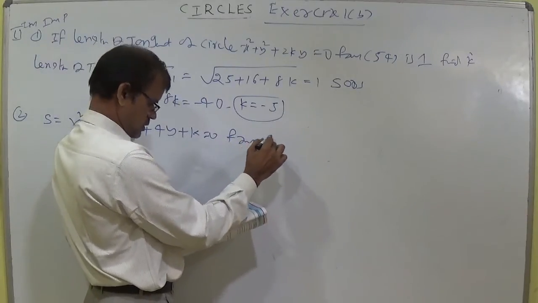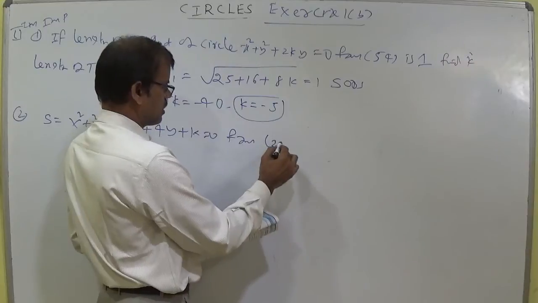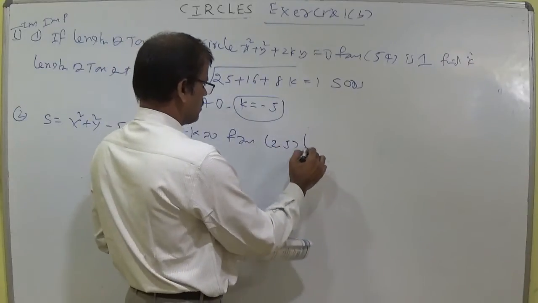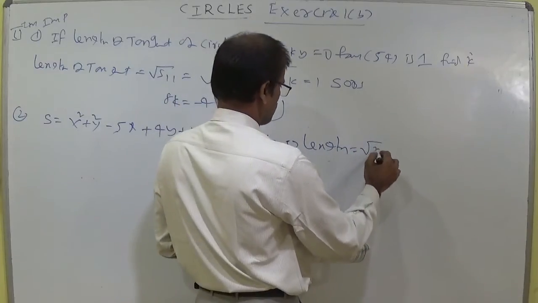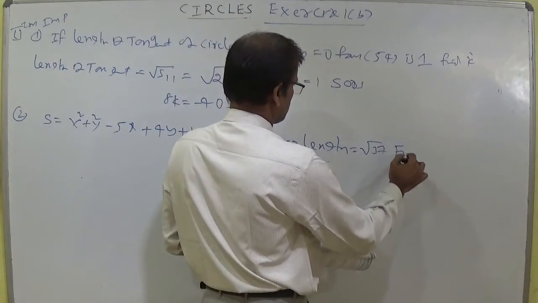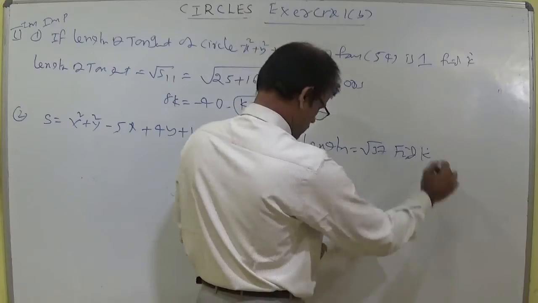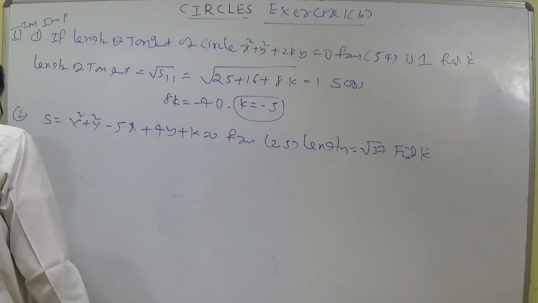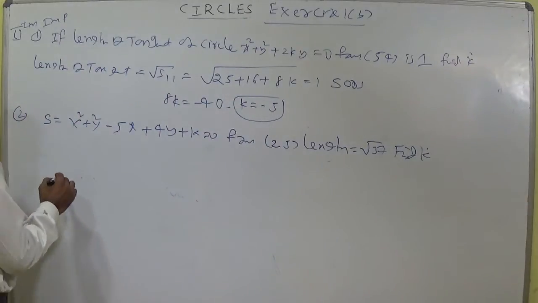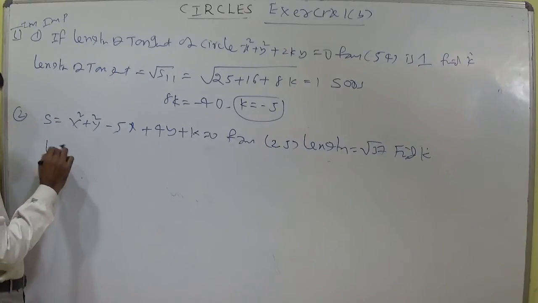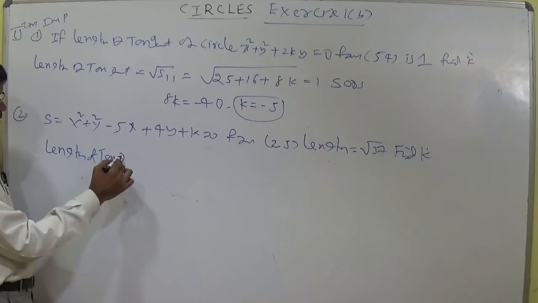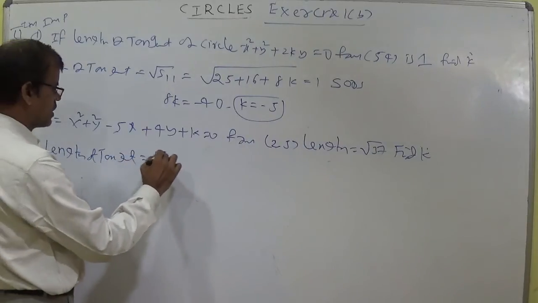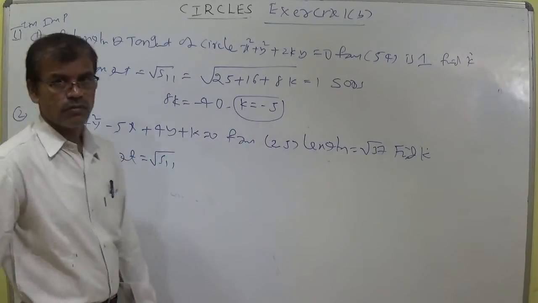From the point (2, 5), the length is root 37. Find k. Again write the formula: length of tangent equals root S11.